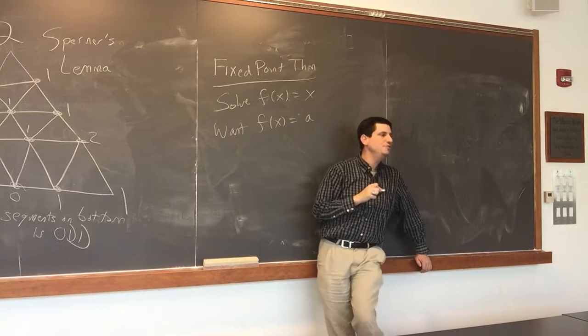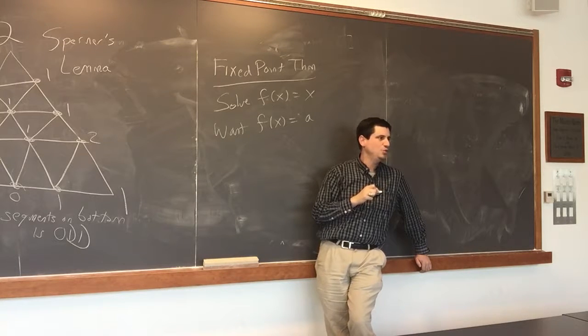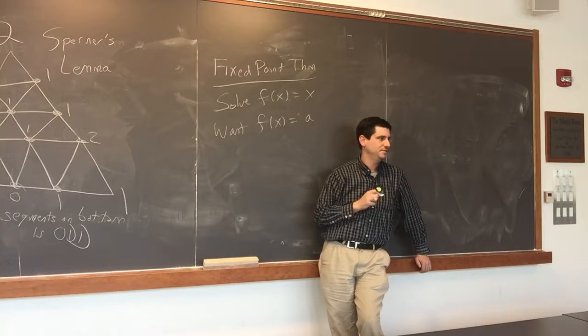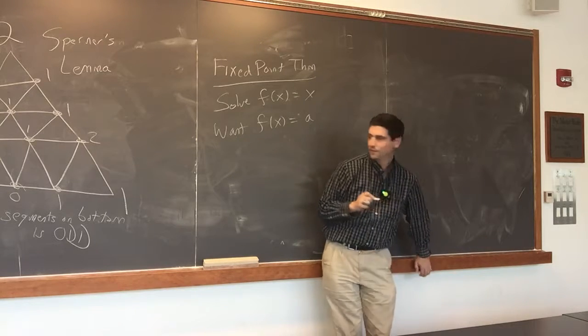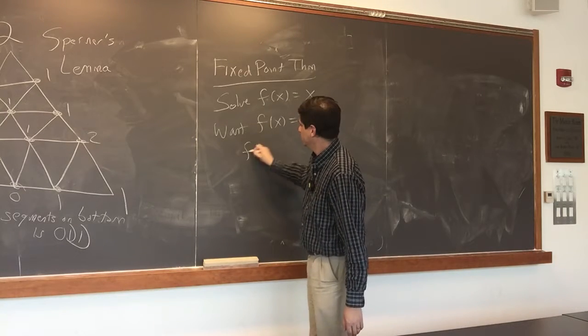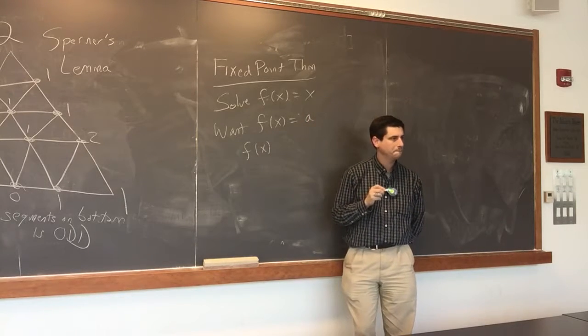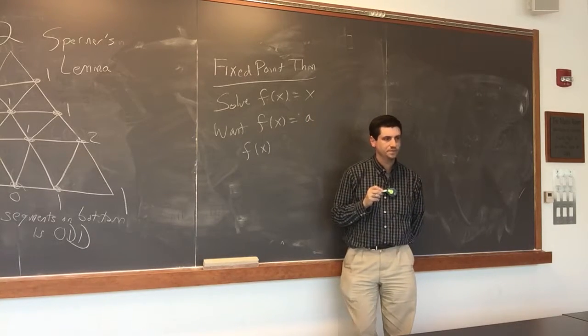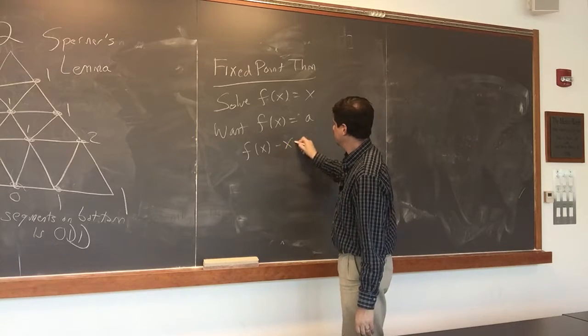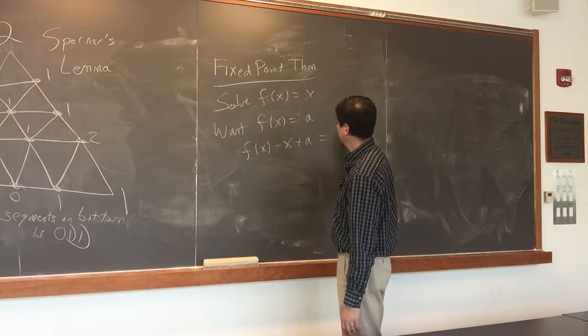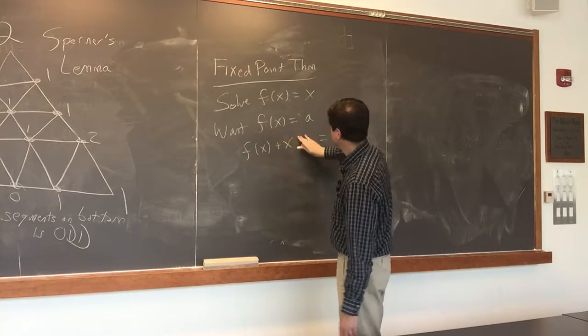So I want to find a new function, g, where g of x equals x is the same as f of x equals a. So if we look at f of x minus x plus a, and you want this to equal, I think it should be plus x minus a.